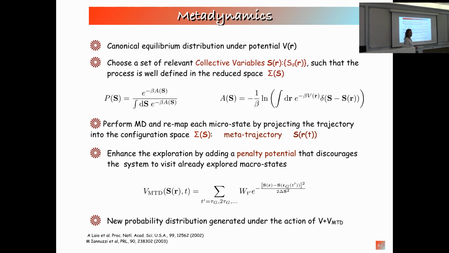This we call the metadynamics potential, and it is constructed, as you see here, by adding small bits of positive, or repulsive, potential at the positions in the space of the collective variables that have already been visited.